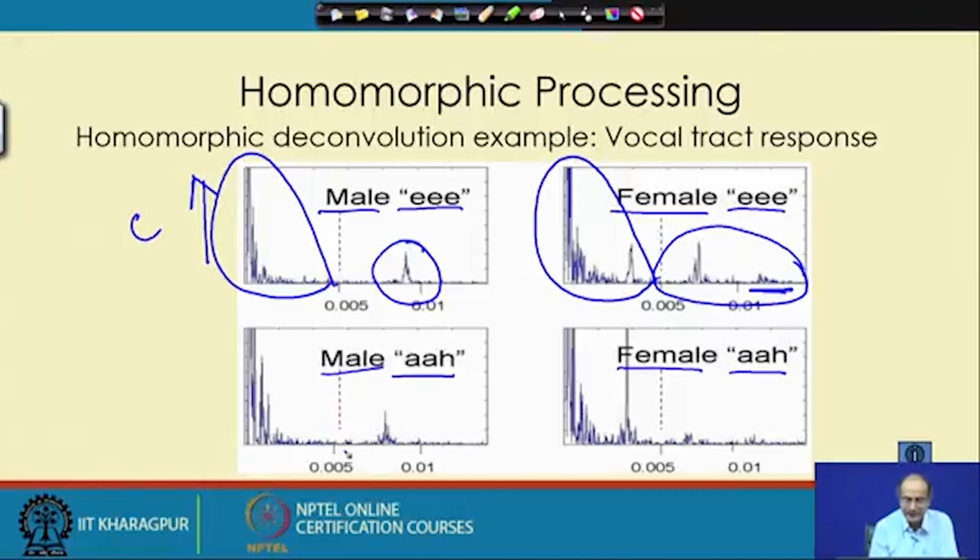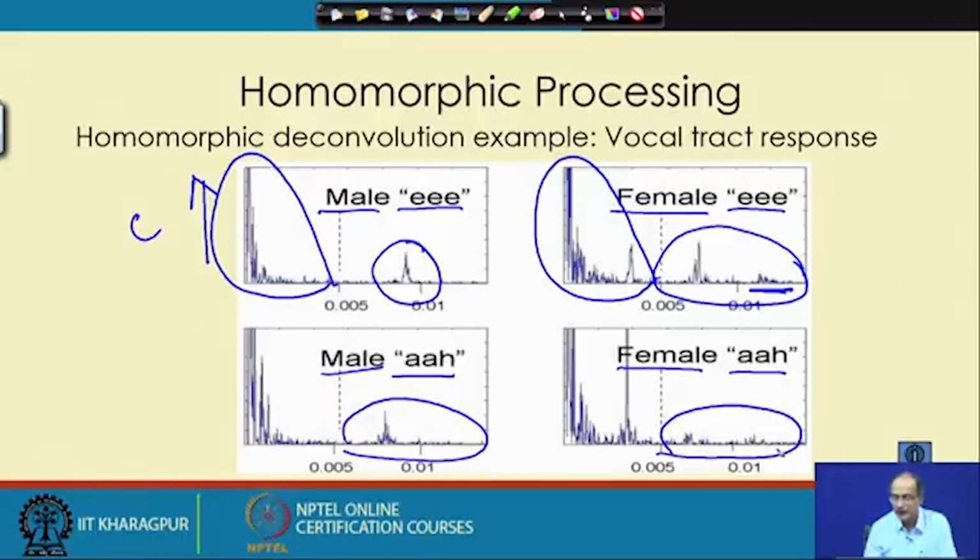If you look at the excitation part for the male and female speakers, we see that energy is more distributed to the high frequency part for the female speaker. And here, by simple thresholding, we can separate these two parts out: in the low frequency part we get the transfer function, and in the high frequency part we get the excitation signal.